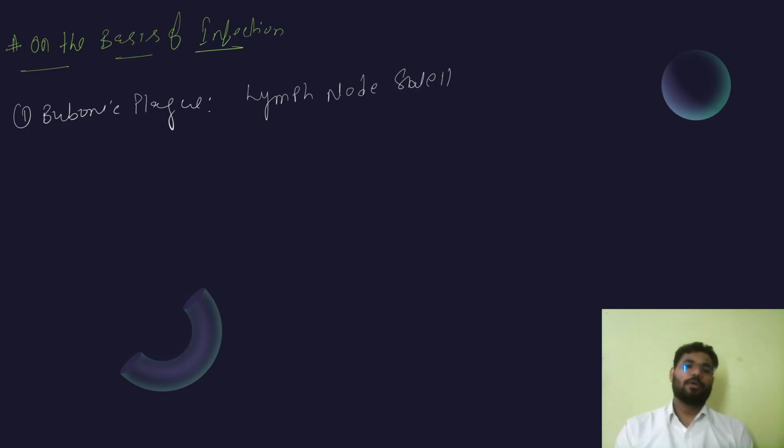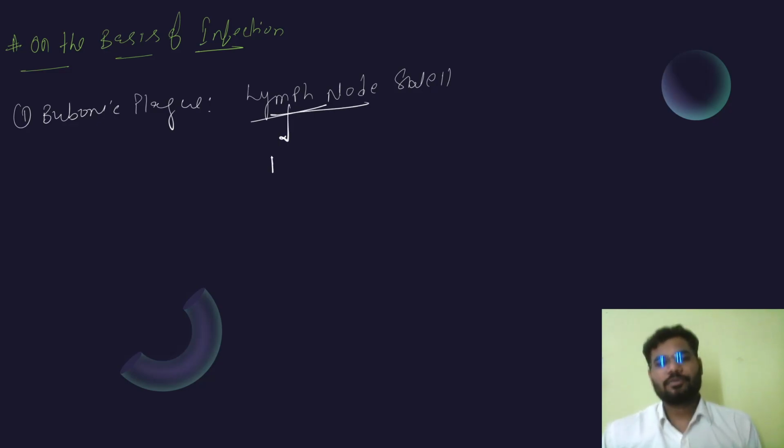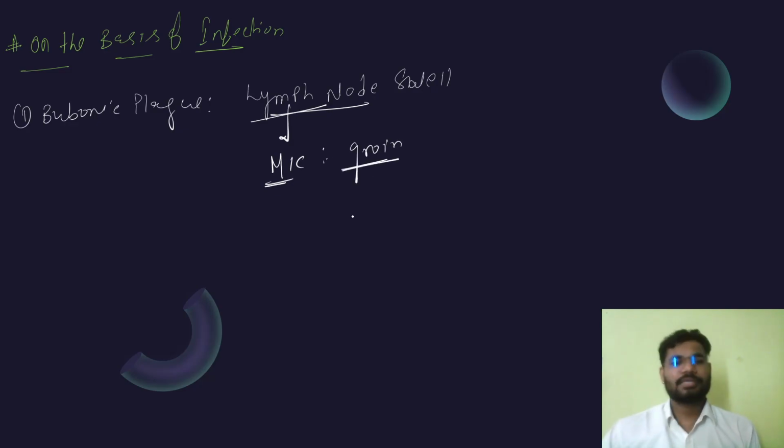But most commonly it is associated with the groin region, the pubic region basically, and the axilla, meaning underarms. These two regions are more affected. So we have swelling in these regions. So that is the first, bubonic plague.